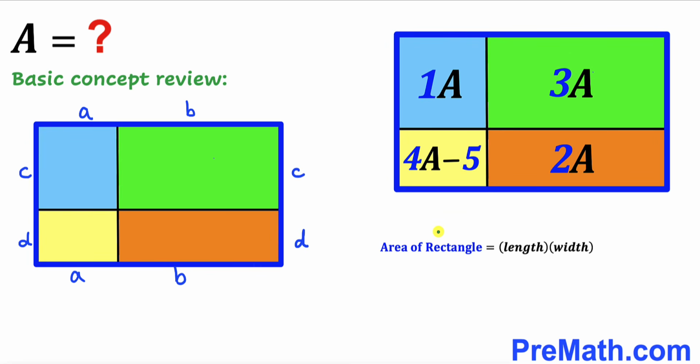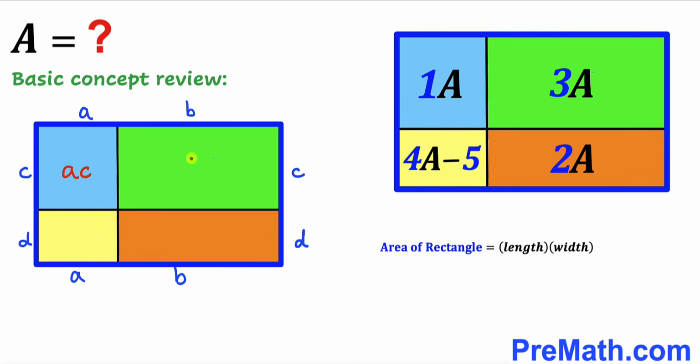Now let's recall the area of rectangle formula. Area is always equal to the length times the width of the rectangle. Let's focus on this blue shaded rectangle first. The dimensions are a and c. Therefore, the area of this blue shaded rectangle has got to be a times c. Now let's focus on this green shaded rectangle whose dimensions are lowercase b and lowercase c.